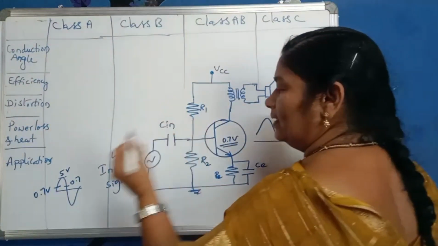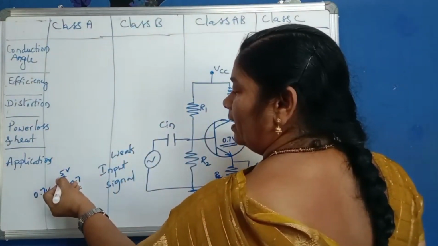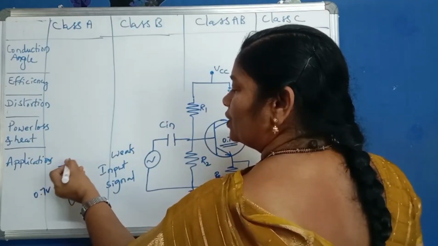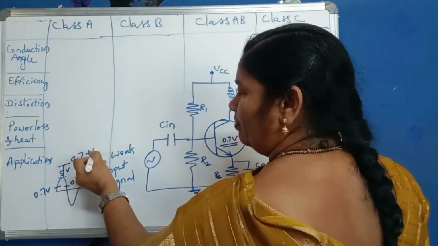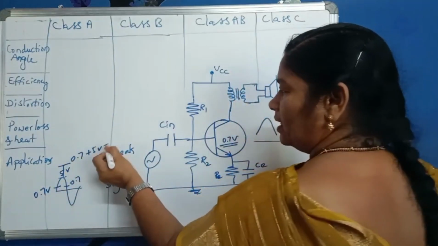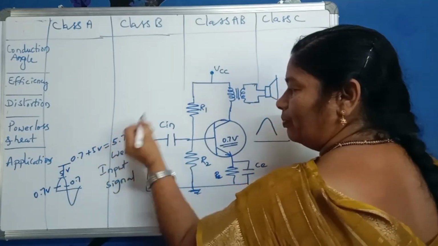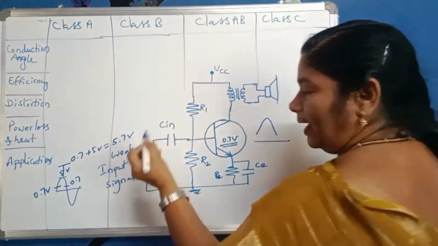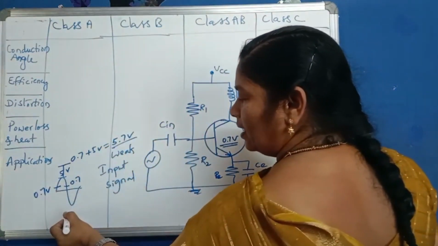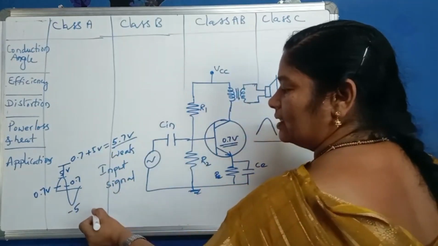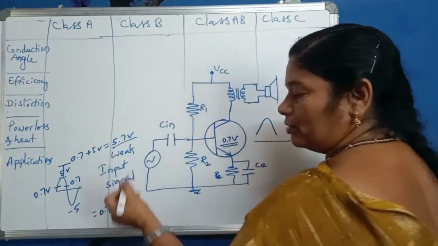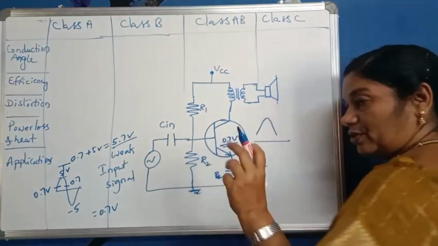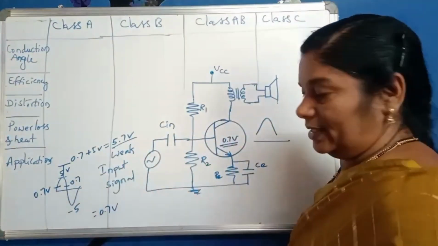Therefore, to make this, you have to apply 5 plus 0.7 volts. That means if you apply 5.7 volts, then 5.7 minus 5 volts is equal to 0.7 volts, which drives the transistor into the on state.